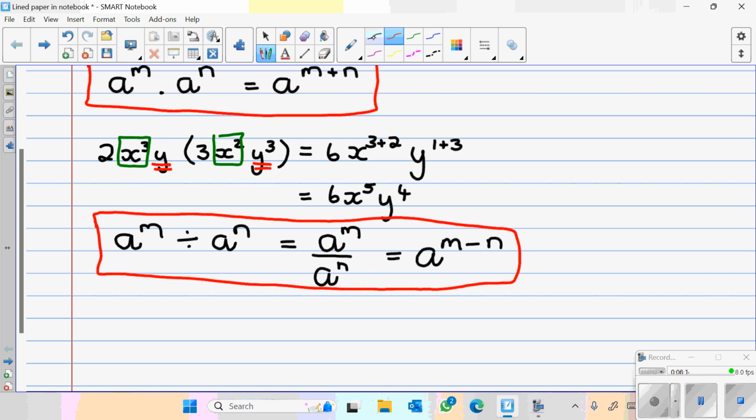Now remember, in this case, we are dealing with division.